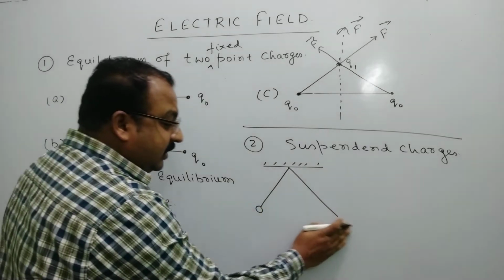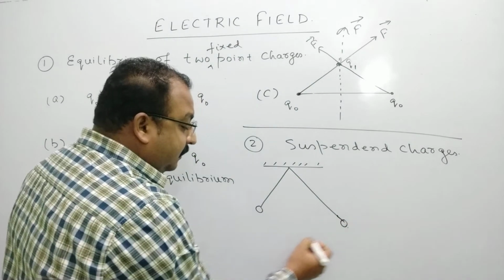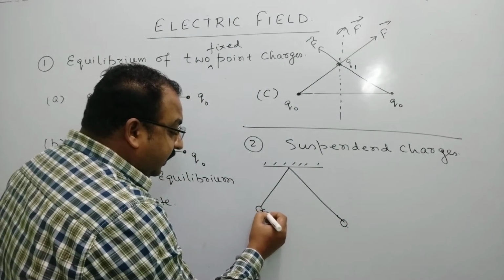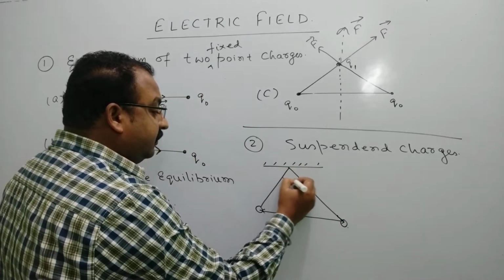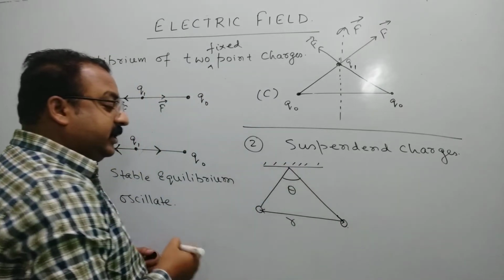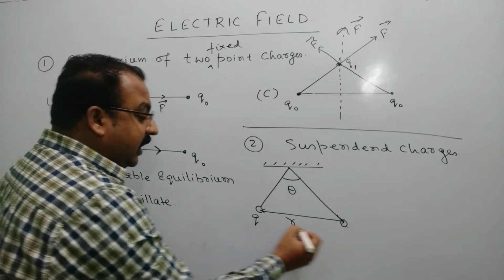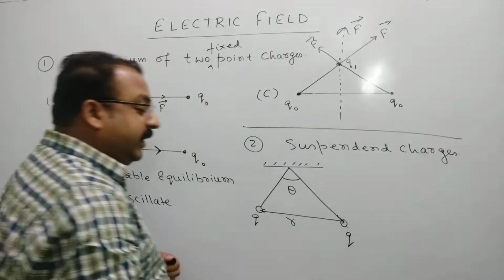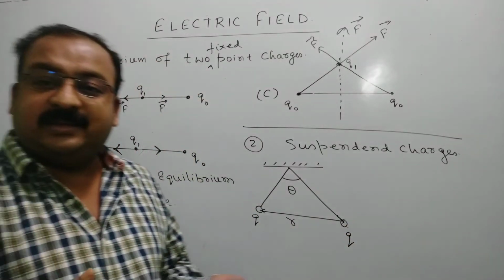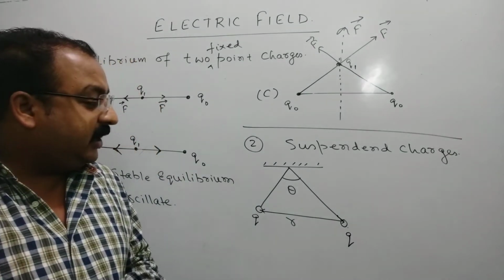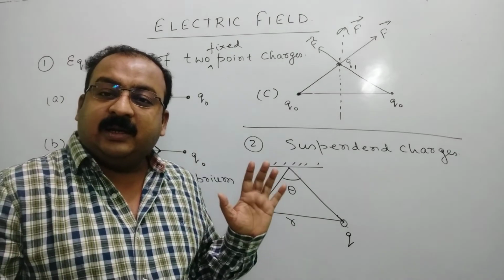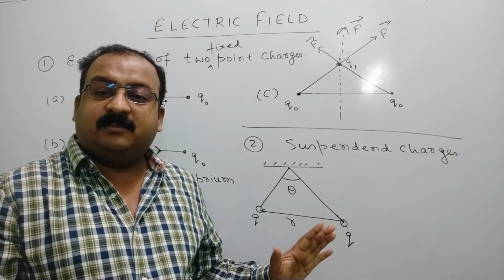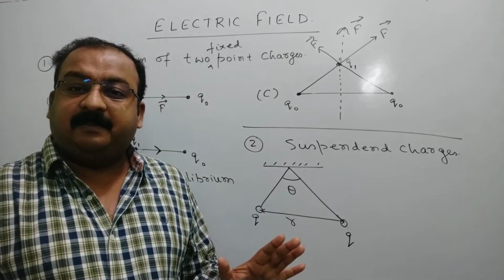Obviously, point-like charges you will consider here. The distance between these two is r. The angle between them is theta. The charge is q on both bodies, the charges are equal, and we need to calculate the angle. Such a system remains in equilibrium.